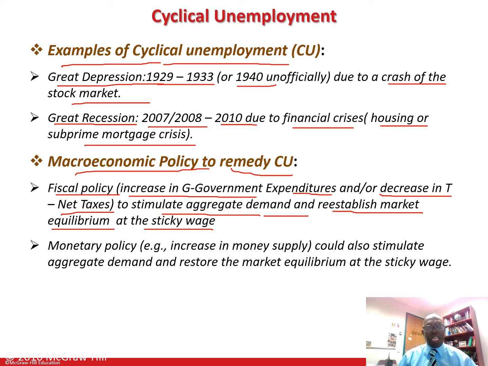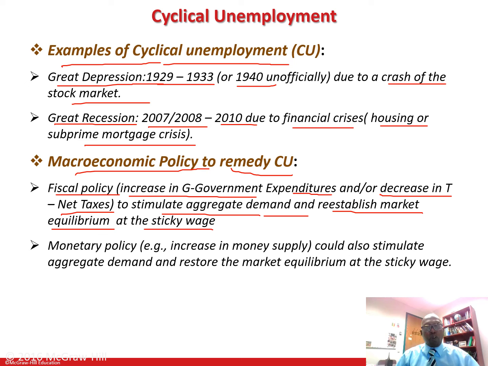For instance, an example of fiscal policy would be the government increasing government expenditure to build new schools, to build highways, to build hospitals, and to buy supplies for the schools, computers.